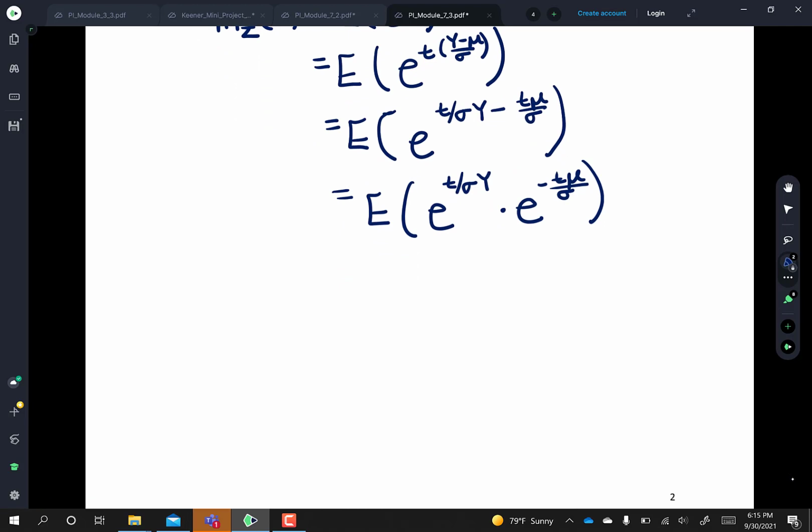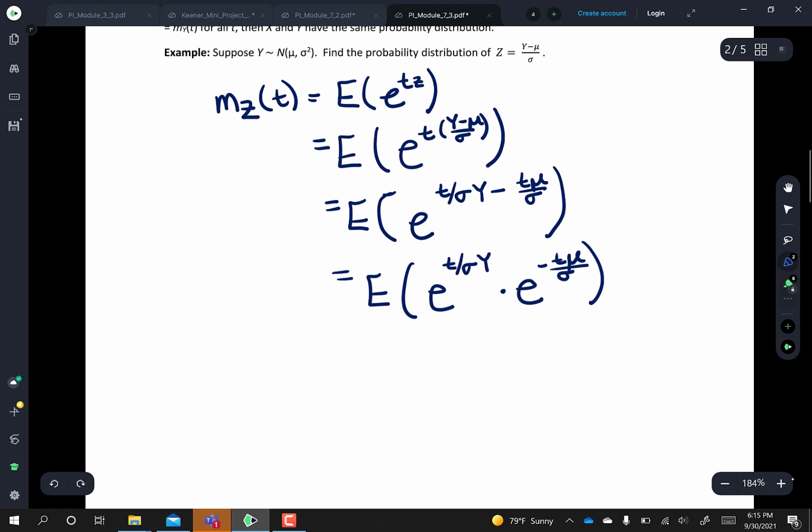So this is where the idea of what is random and what is not random becomes very important. Remember that z was our random variable, and we set z equal to y minus mu divided by sigma. So mu and sigma are both constants. They are not random.